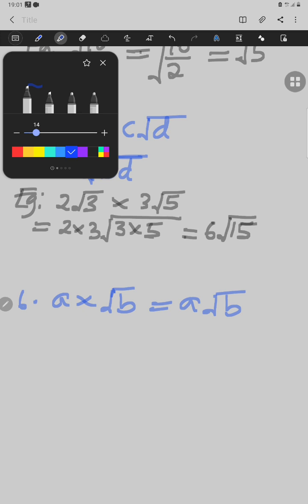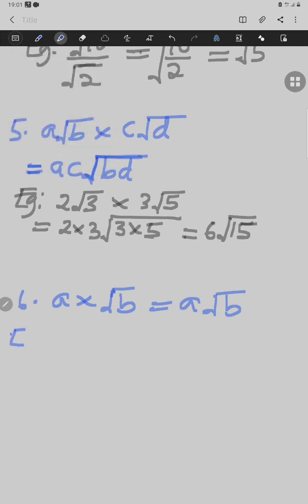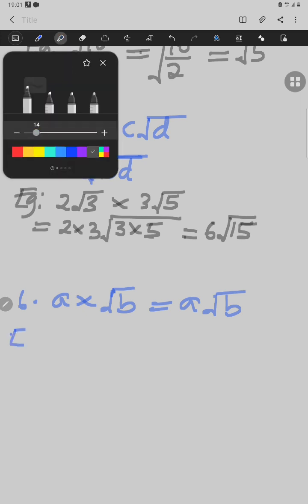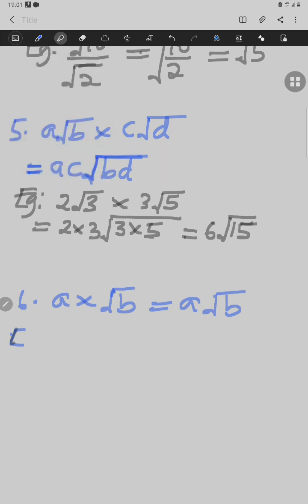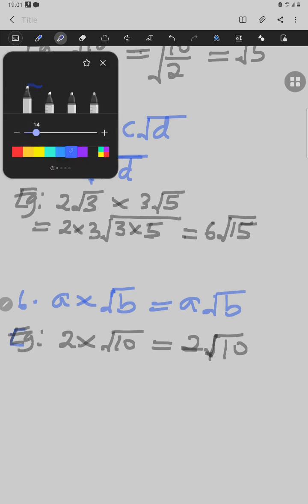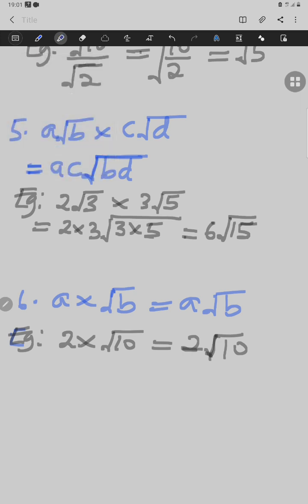So can we pick an example? A simple example. If I have 2 times root of 10, then this gives me what? Because the 2 is not in the square root, it cannot enter the square root. It must be outside. So I'll get 2 root 10. I hope you are following. Please take note of these things. We will use them.